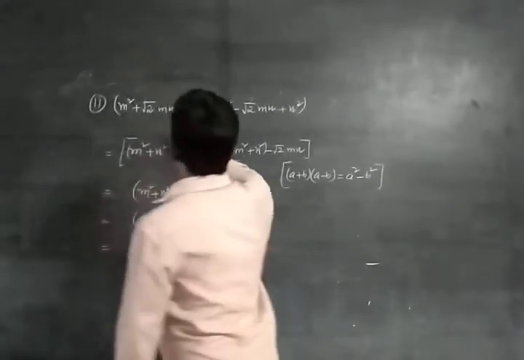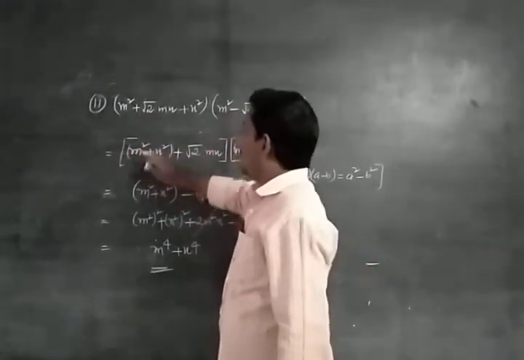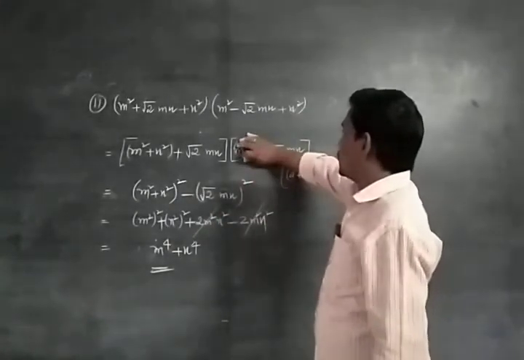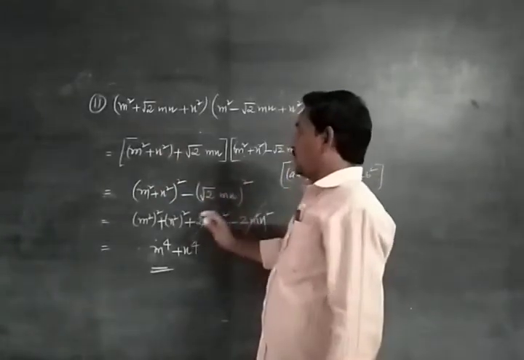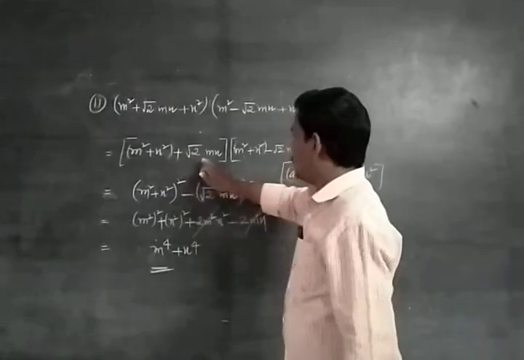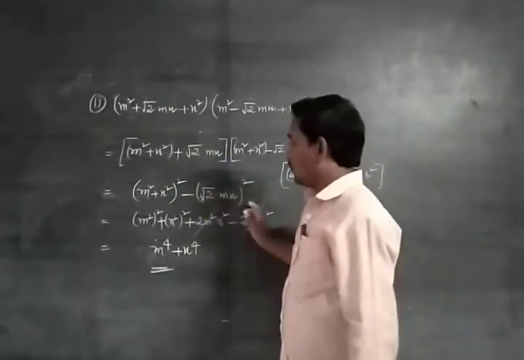Okay. This product we have to calculate. This is m square plus n square plus root 2mn, m square plus n square minus root 2mn. A plus b into a minus b is a square minus b square.